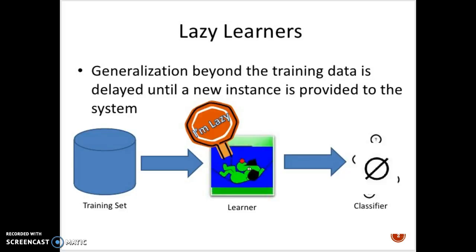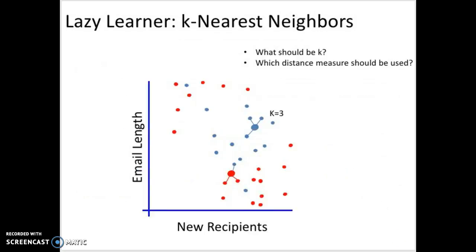So how do we know whether it's a lazy learner? They don't make any decision after the training data until a new case is given to them. So generalization beyond the training data is delayed until new test data or new instances are provided to the system. For example, k nearest neighbor.